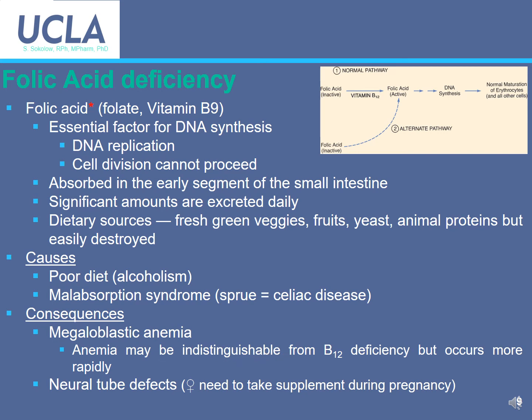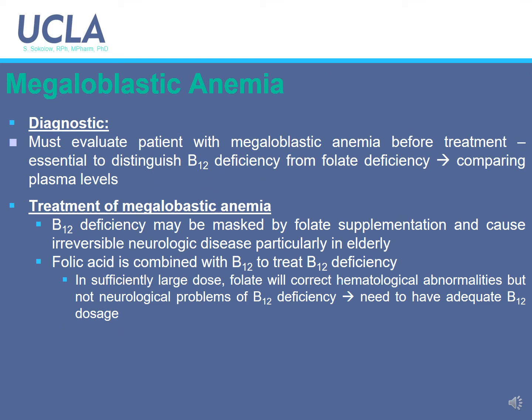The only way you can find out is by measuring the level of either one, so B12 or folic acid. As I said, it's important to establish a diagnosis and to differentiate if a patient with megaloblastic anemia has a folate deficiency or a B12 deficiency, and you do so by comparing the plasma level. So how do you treat the megaloblastic anemia?